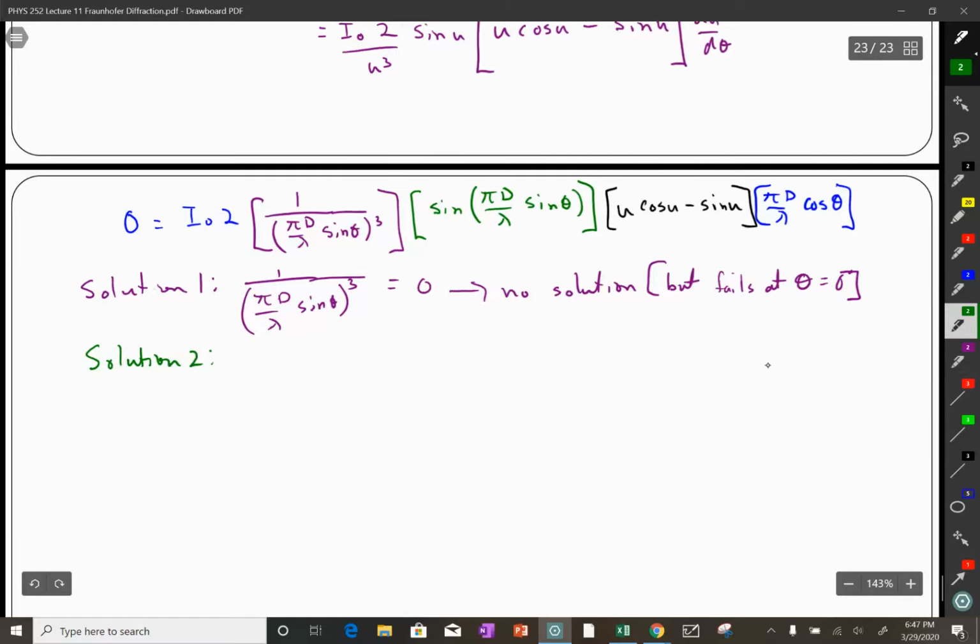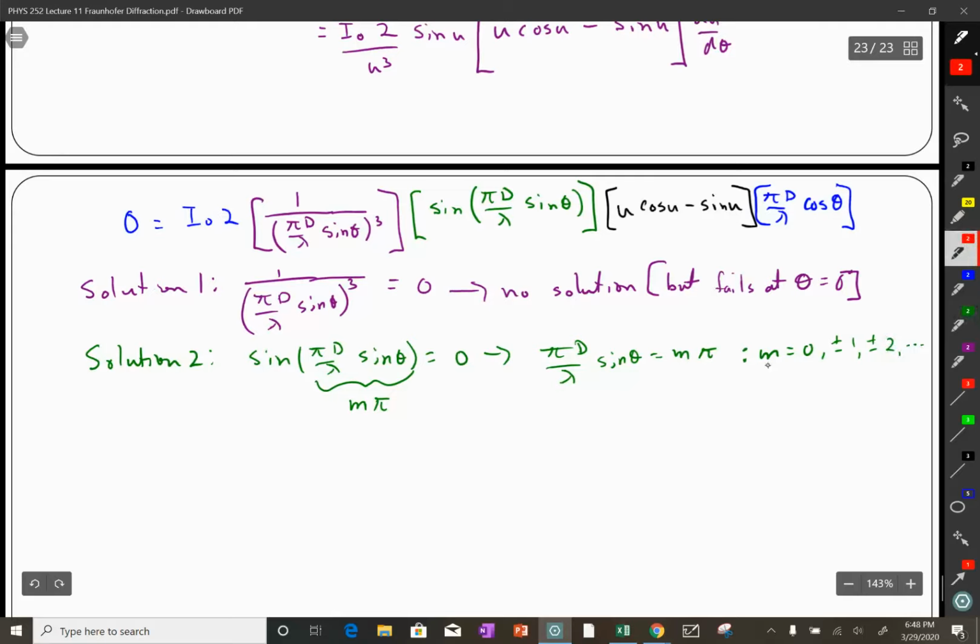Solution 2, sine of pi d over lambda sine theta equals 0. That's going to be true anytime this argument is an integer multiple of pi. So we're going to have pi d over lambda sine theta equals m pi, where m is equal to 0, plus or minus 1, plus or minus 2, and so on.